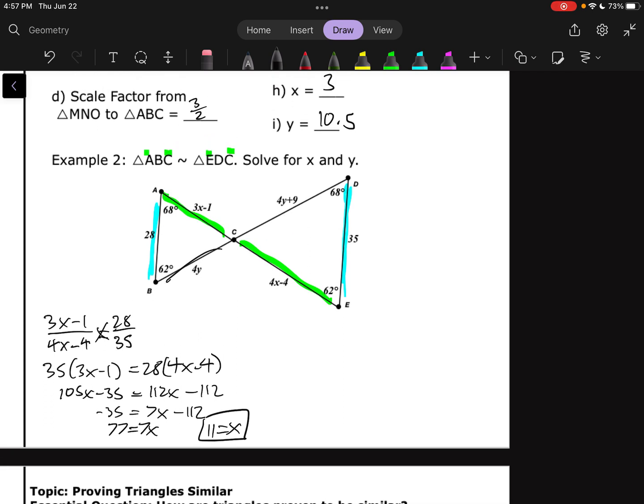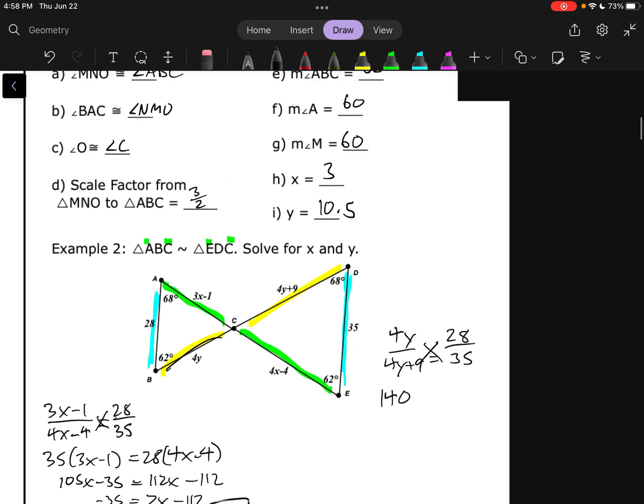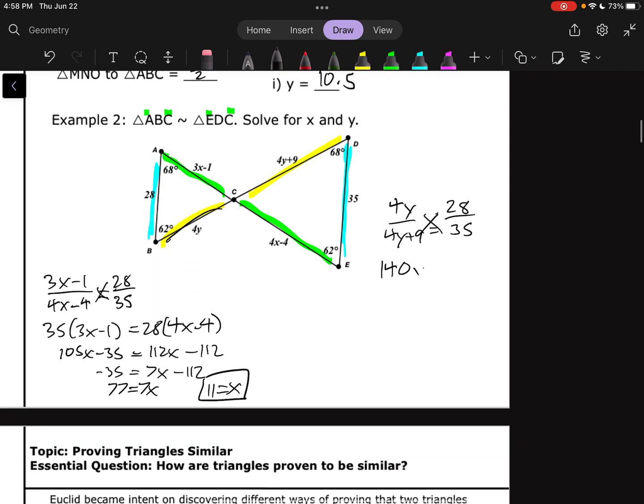Now, as far as the y's go, let's do 4y over 4y plus 9 is equal to 28 over 35. When we cross multiply there, 4y times 35, 4 times 35 is 140. Oops, sorry. 140y.